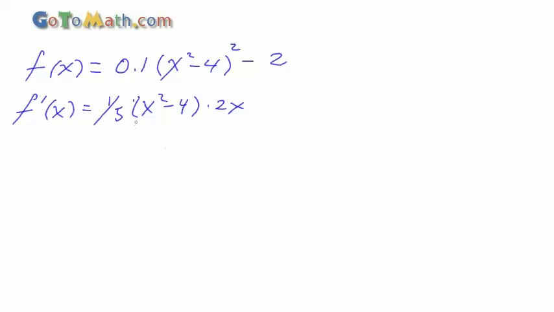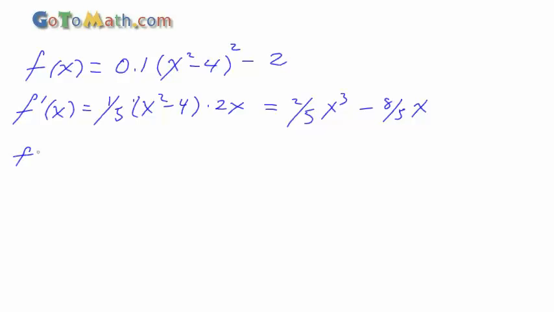Since we're going to be taking the second derivative, let's go ahead and just multiply this 2x across and the 1/5. So this actually is 2/5 x cubed, and then this would be 2/5 times 4, which is 8/5, so minus 8/5 x.